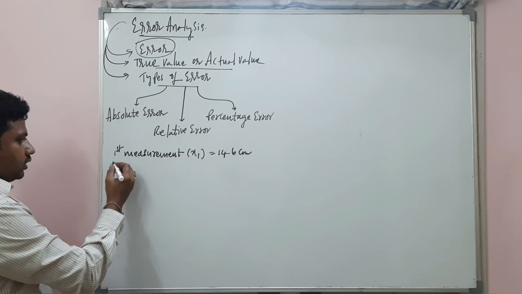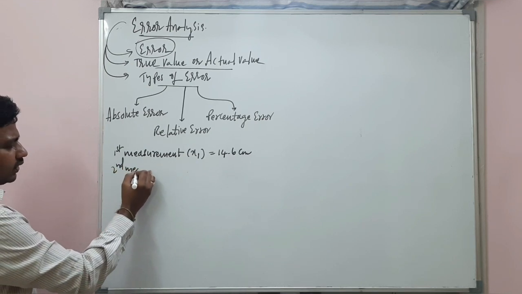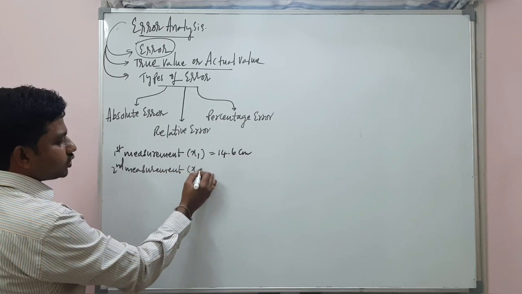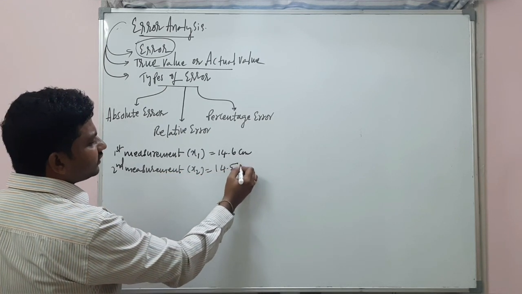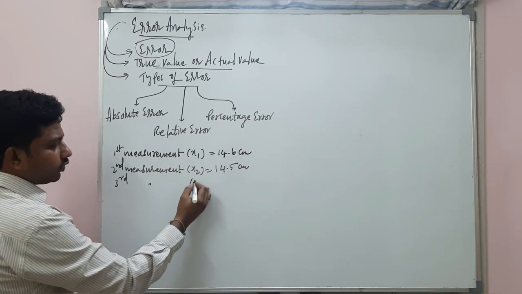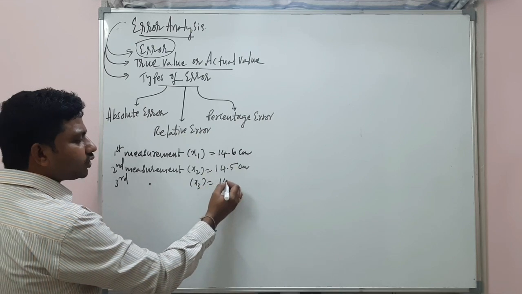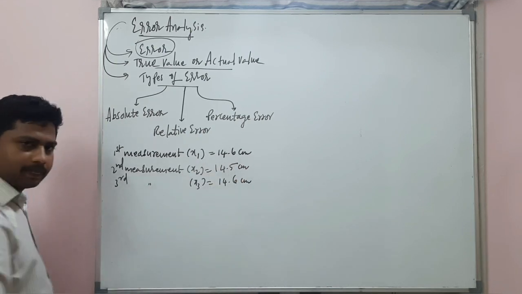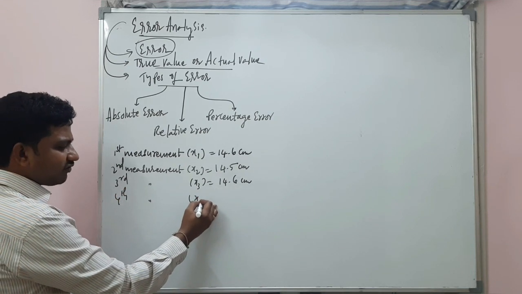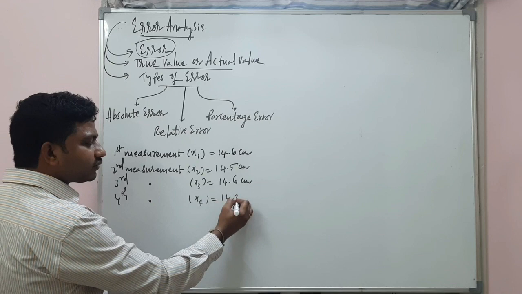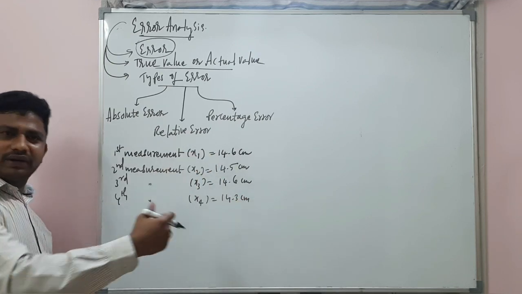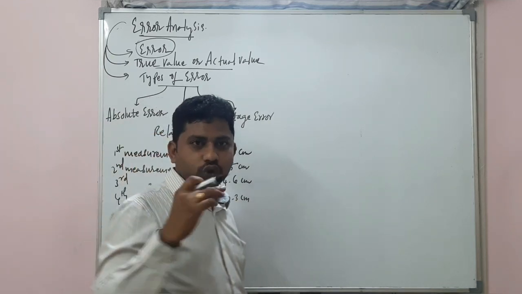Now the second measurement, I have got x2 as 14.5 centimeters. The third measurement, x3, is 14.6 centimeters. And the fourth measurement will be x4, which is 14.3 centimeters. Alright, carefully see. So many individual measurements I have made and I have got the length of this object.